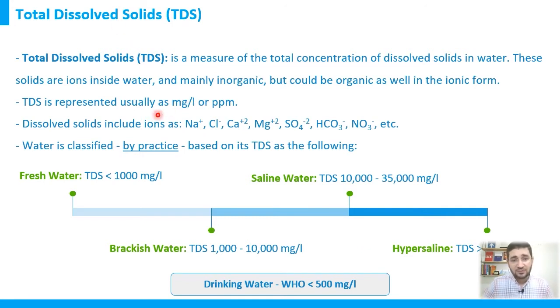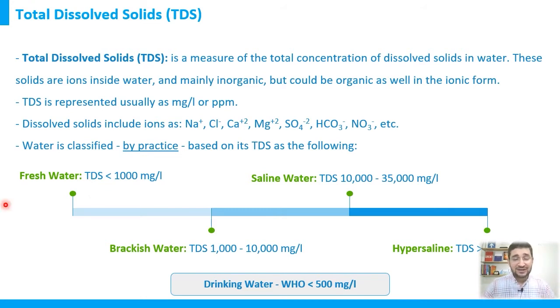If your water has a TDS value less than 1000 milligram per liter, the unit of TDS being milligram per liter, or simply ppm, parts per million, we can say that this is fresh water. Fresh water could be drinking water or other water.